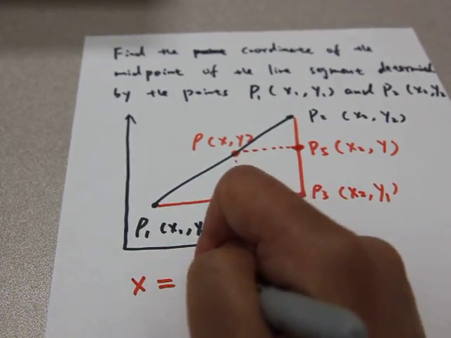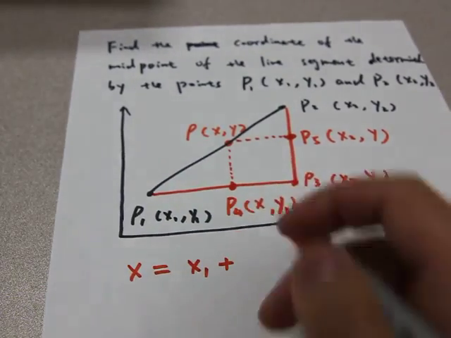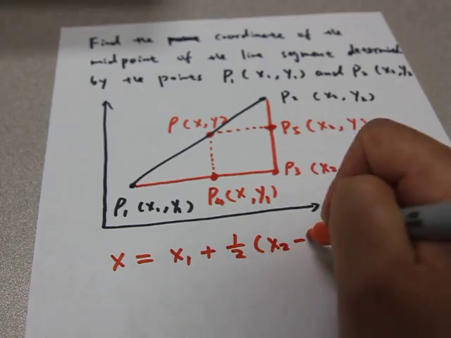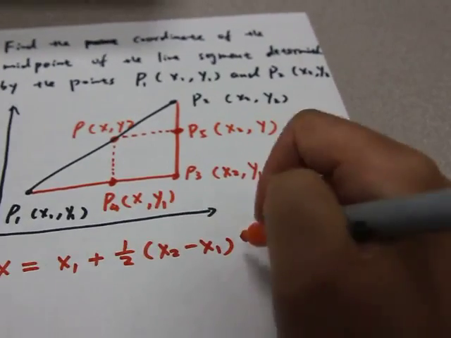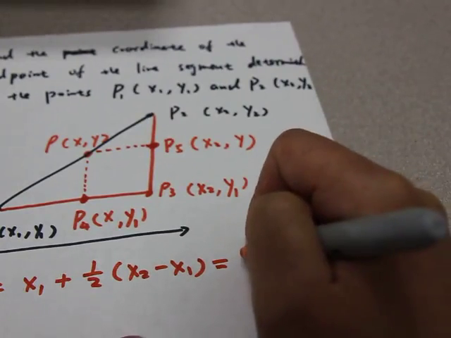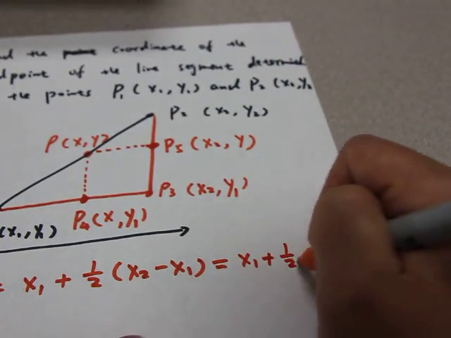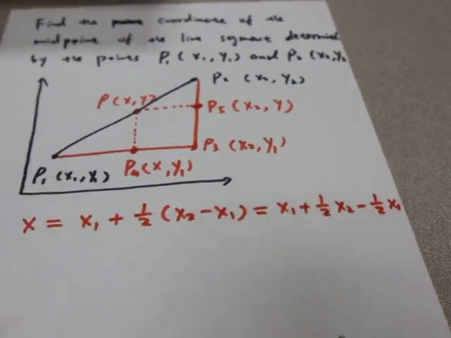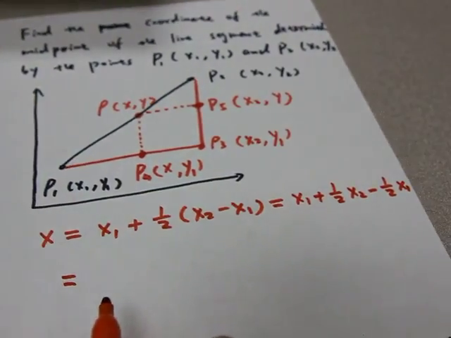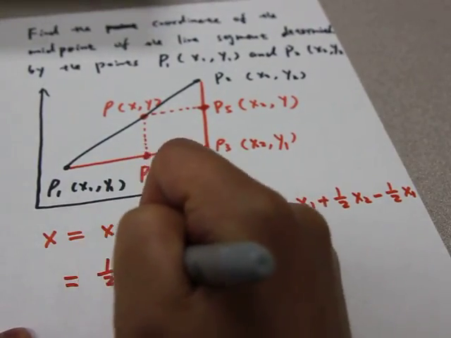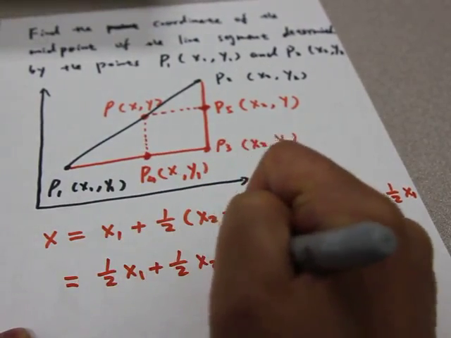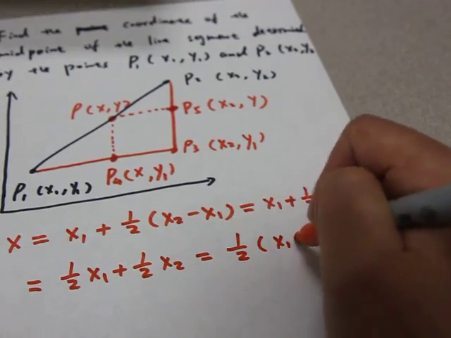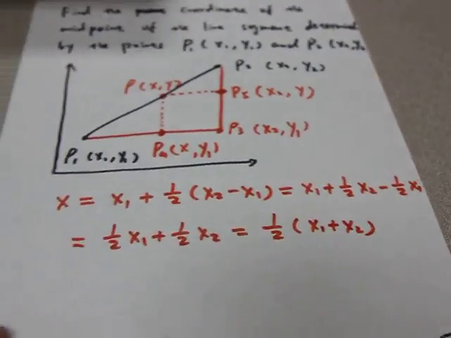So x equals x1 plus 1/2 of x2 minus x1, which is x1 plus 1/2 x2 minus 1/2 x1, which is 1/2 x1 plus 1/2 x2, which is 1/2 times x1 plus x2.